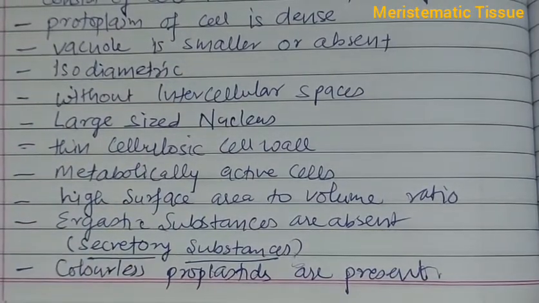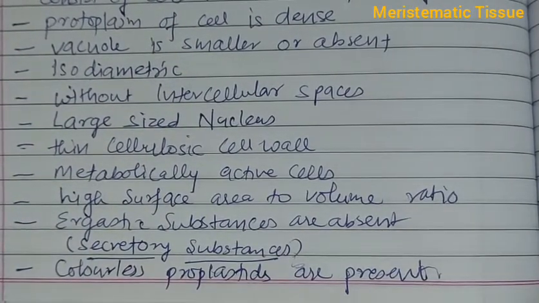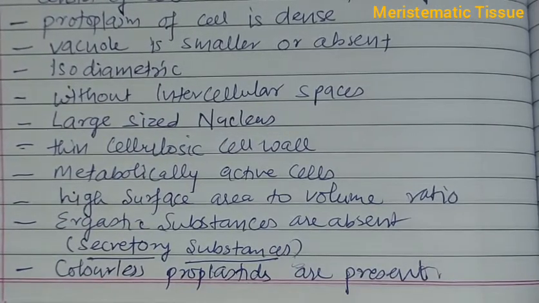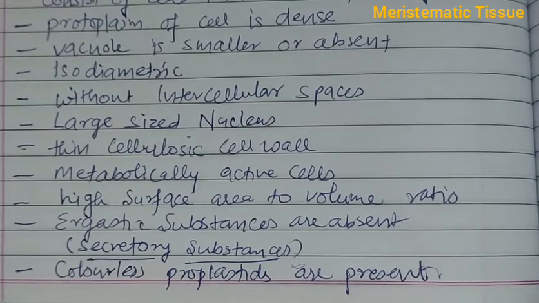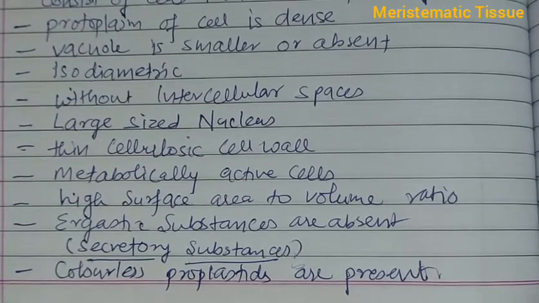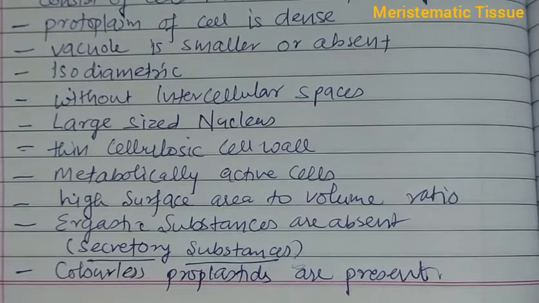So these are some of the characteristics of meristematic tissue. By studying these, we come to know that they have a cellulosic cell wall, the nucleus is bigger, the protoplasm is dense, they are isodiametric, without intercellular spaces, the vacuole is smaller or absent, they are metabolically active, and ergastic substances are absent, but still they have the power of division.